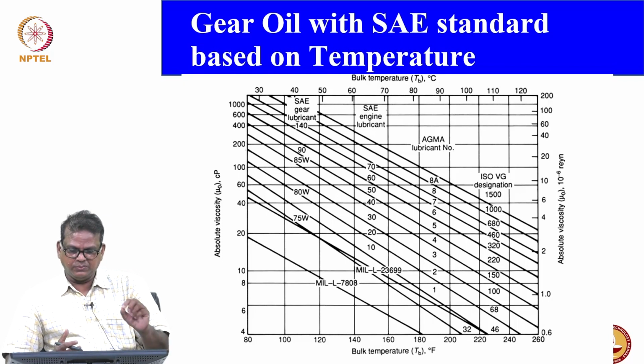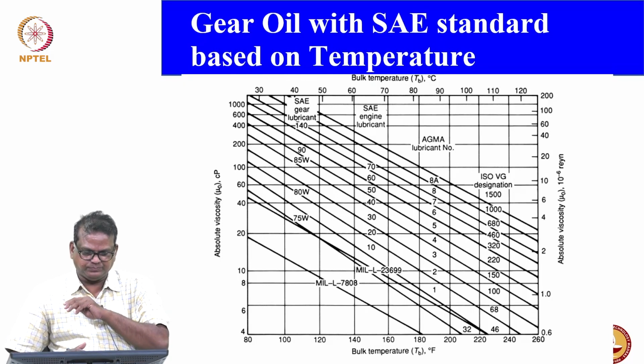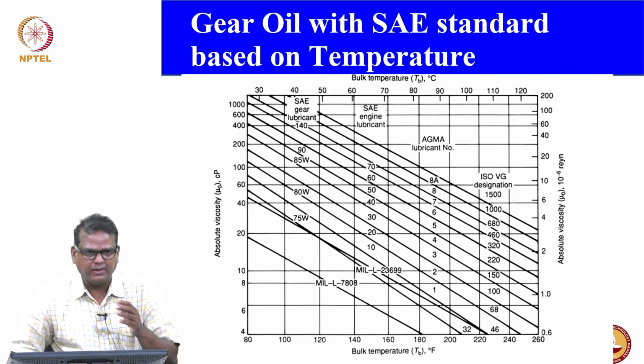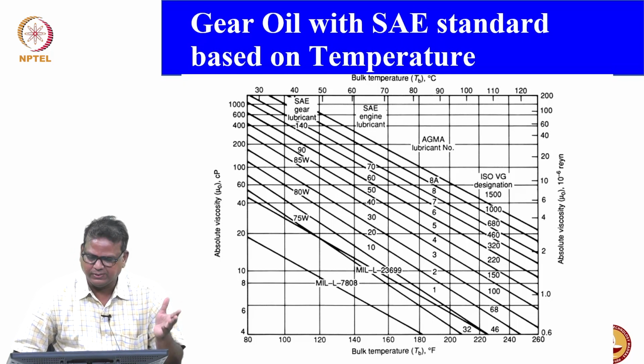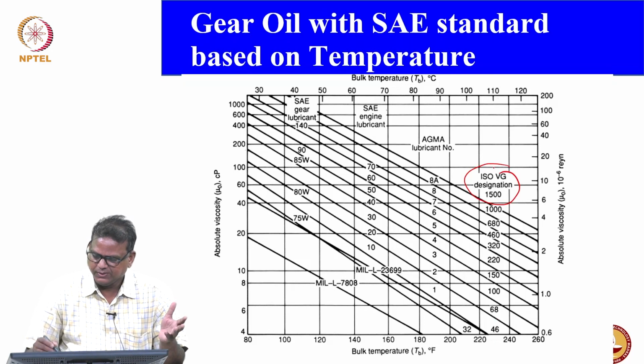So once you find the viscosity, and you know the operating temperature, based on that you can select the lubricant that is needed. Normally we use the ISO VG grade. ISO is the International Organization for Standardization.